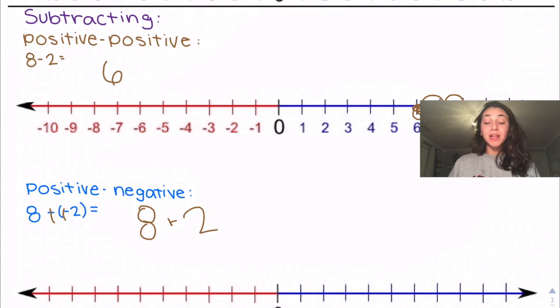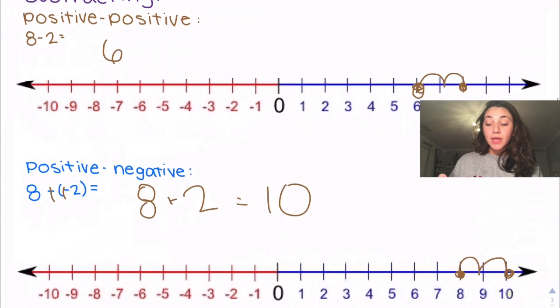So 8 minus a negative 2 turns into 8 plus 2. When you subtract by a negative, you end up adding by a positive. So 8 plus 2, you start at 8, go over 2, and 8 minus negative 2 equals 10.